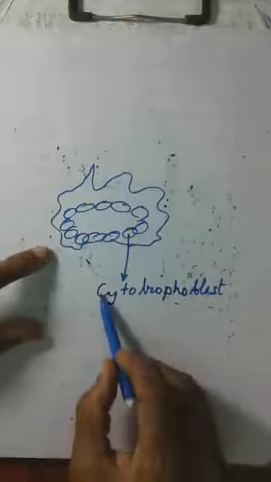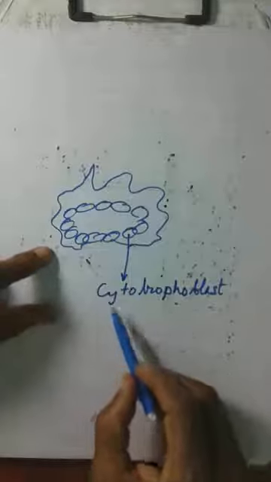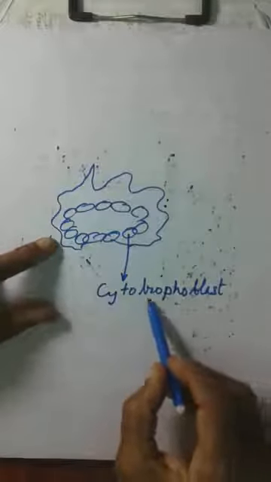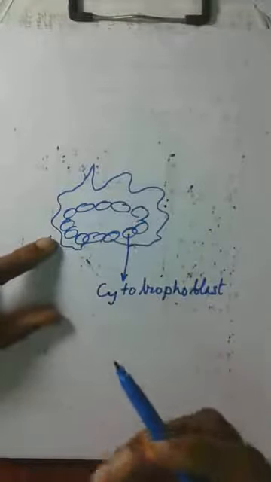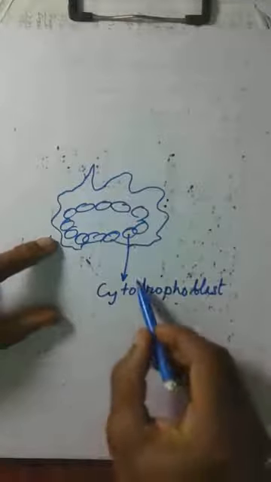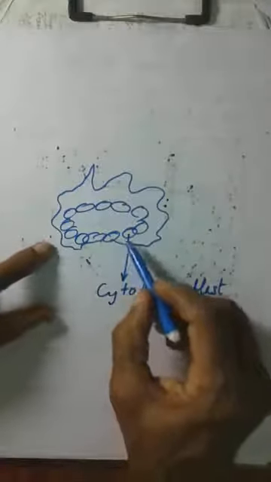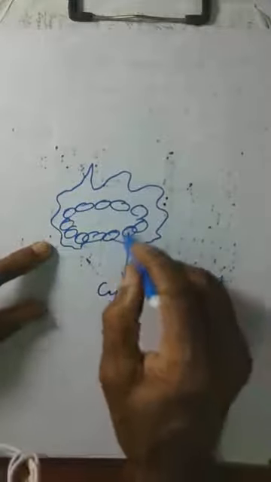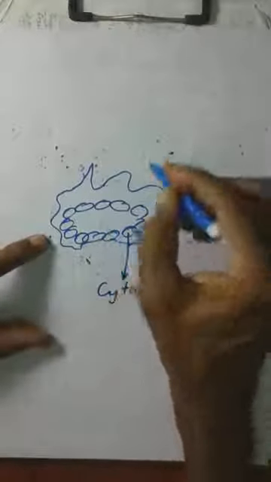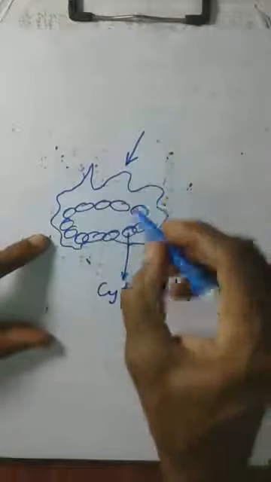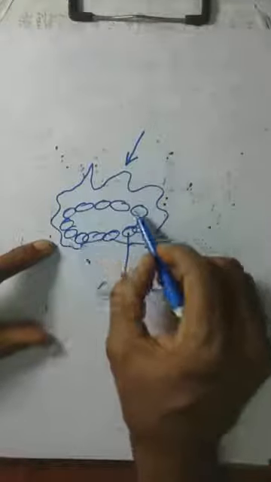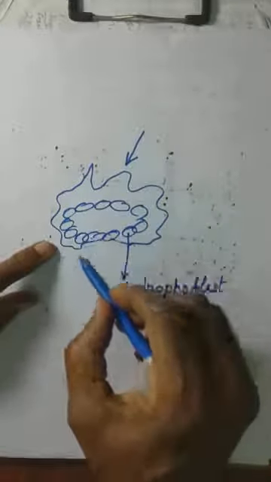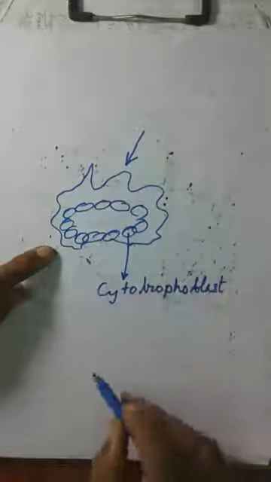Cyto means it is going to be a cell. Tropho means growth or nutrition. So this allows the nutrition coming from here to diffuse to the baby's side.